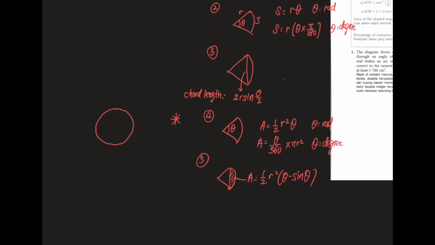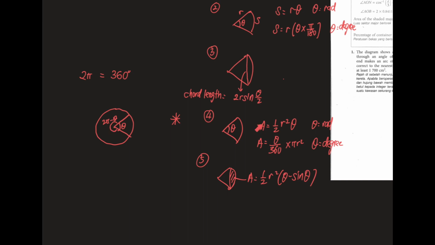If you have a circle like this, this is theta. Here is 2 pi minus theta. Why 2 pi? Because 2 pi is 360 degrees, and in a circle there is a total angle of 360 degrees in the center. So 2 pi minus this one, and then you get the angle outside.